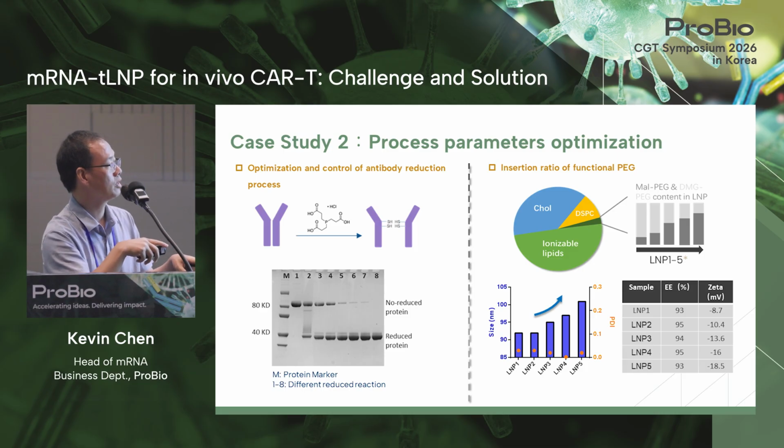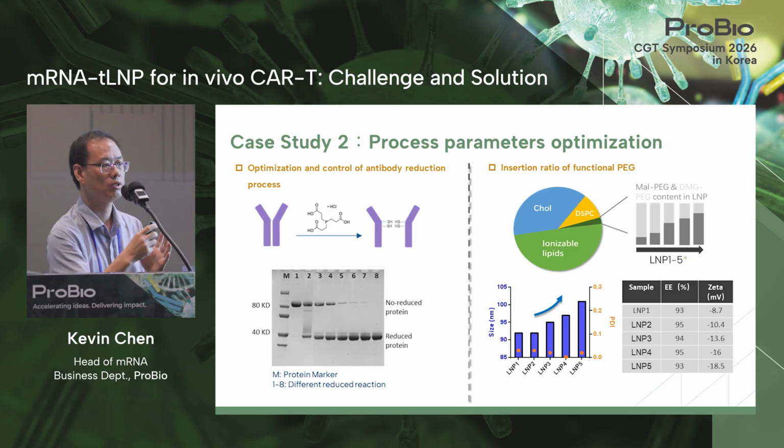As you can see, when we treat the antibody with different conditions, the disulfide bonds in the antibody are broken in different ratios. So when you use antibody to conjugate LNP, we always recommend doing antibody reduction optimization, so that you find the best reduction condition for your antibody.